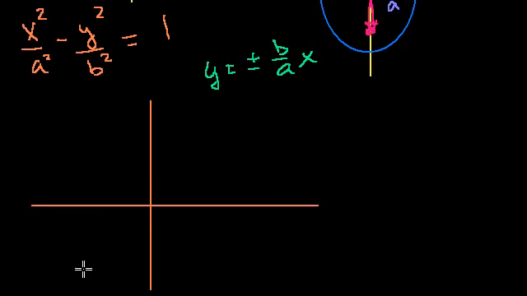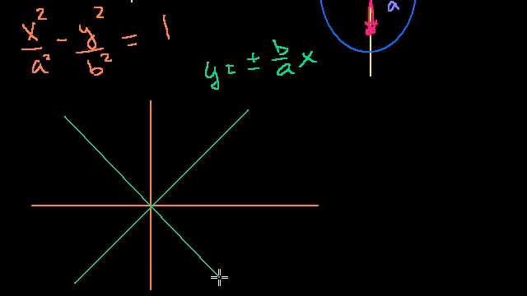I'll just draw them as tilted lines, something like that. Those would be the asymptotes. This one's centered at the origin because it hasn't been shifted, and those are the two lines right there.